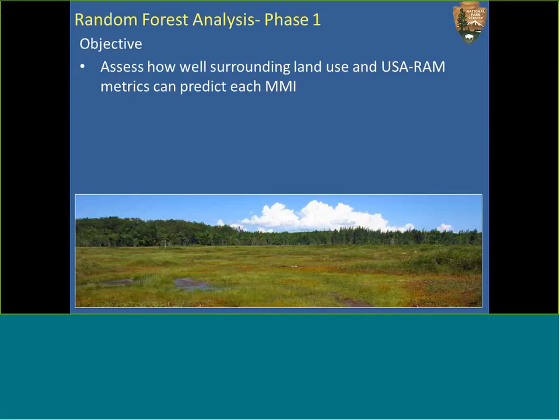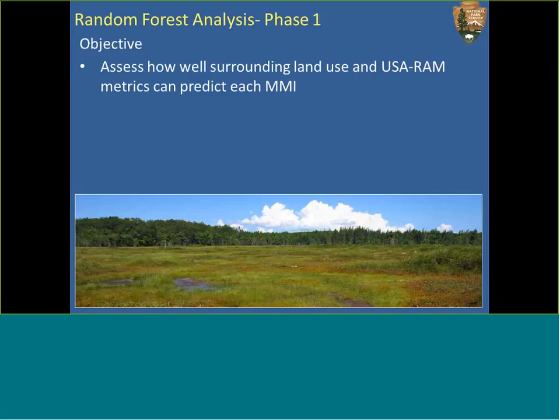Compared with GLM or ANOVA, random forest regression has few underlying assumptions, is often more robust to outliers, can handle complex interactions among predictor variables better, and also has high classification accuracy. It's also really easy to use in R with the randomForest package.